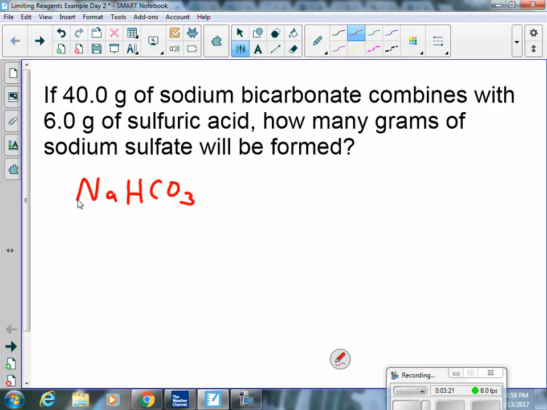Sodium bicarbonate is baking soda. Combines with sulfuric acid to yield sodium sulfate. I've got to learn how to write smaller.